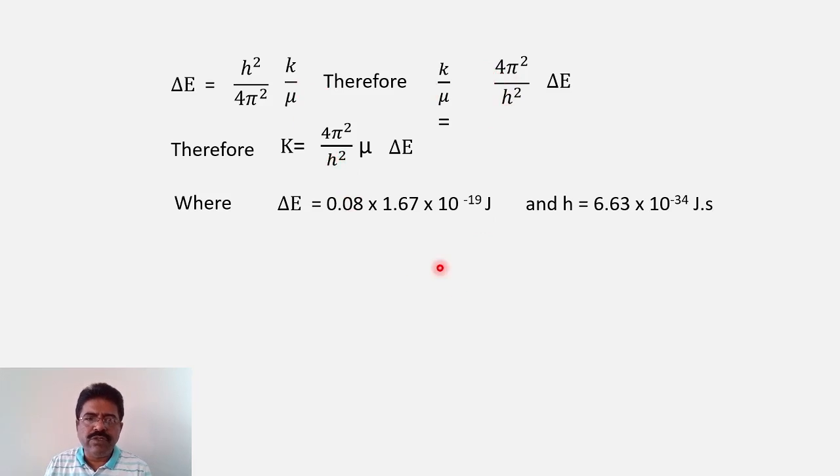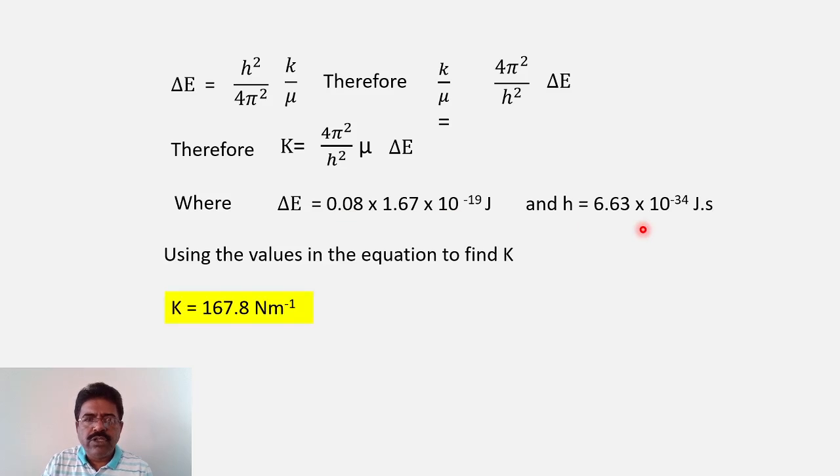So just substitute these two values, delta E and h, into the equation for K, and if you perform the calculations, K will be 167.8 Newton per meter. So in this way you can calculate the force constant for the carbon monoxide molecule.